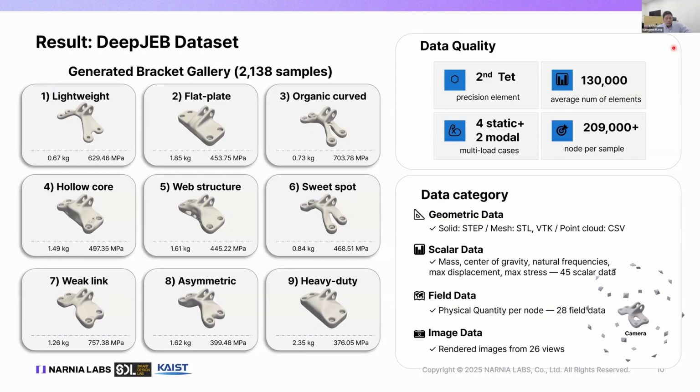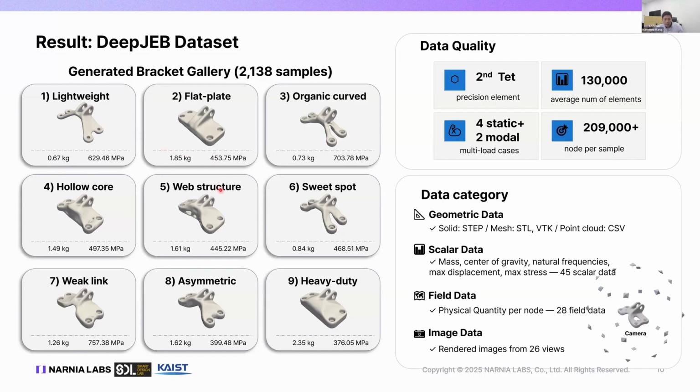And here is the result, the DeepJEB dataset. This gallery showcases the diversity of the generated brackets. DeepJEB provides far more than just geometry. For data quality, we used second-order tetrahedral elements for higher precision, resulting in an average of 130,000 elements and over 209,000 nodes per sample.